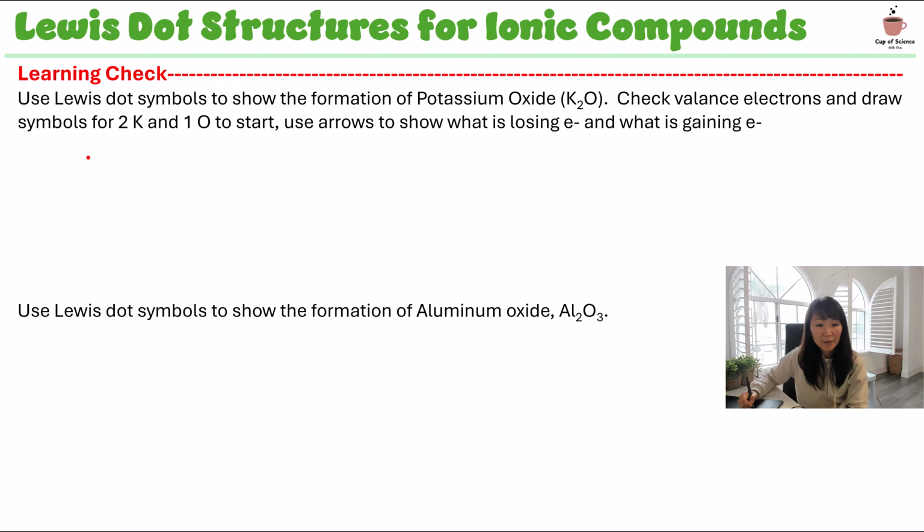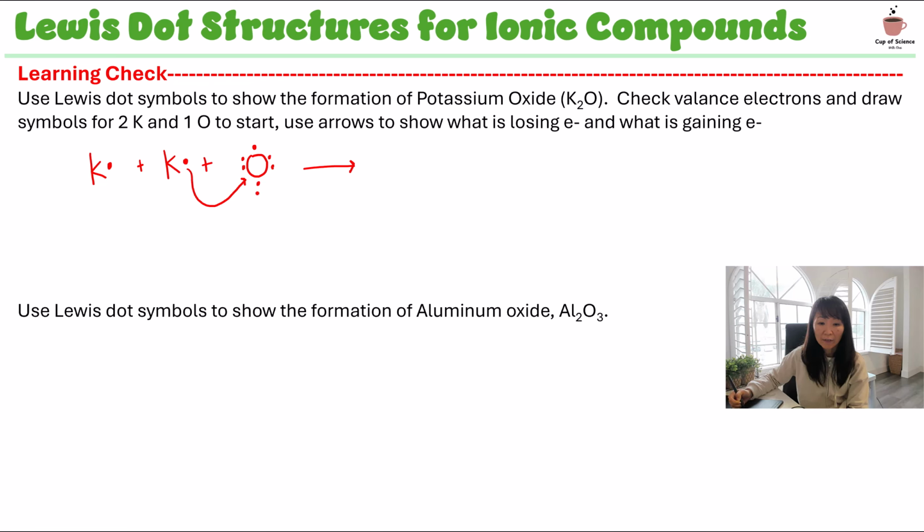Potassium, K, in its neutral form has 1 valence electron, and we need to draw 2 of them. And then 1 oxygen. Oxygen has a valence electron count of 6: 1, 2, 3, 4, 5, 6. Now the potassium is going to donate, since it's the metal, to the nonmetal.